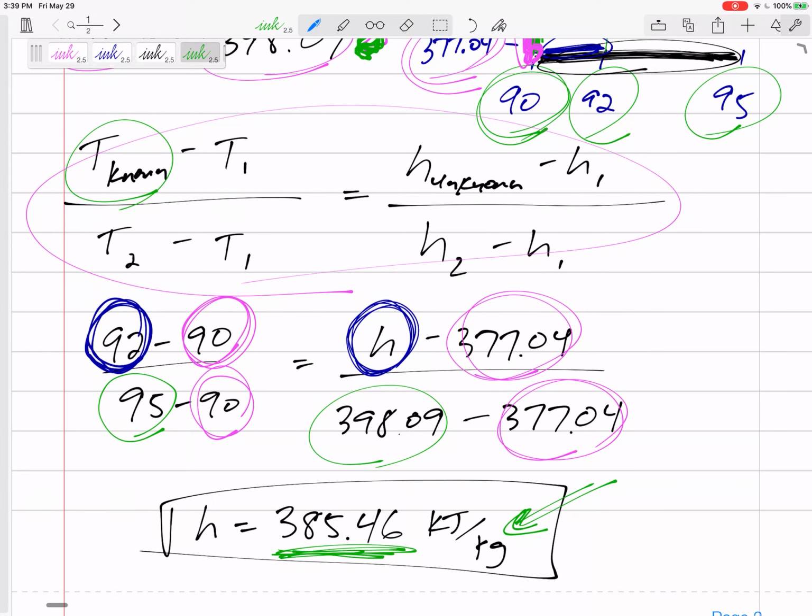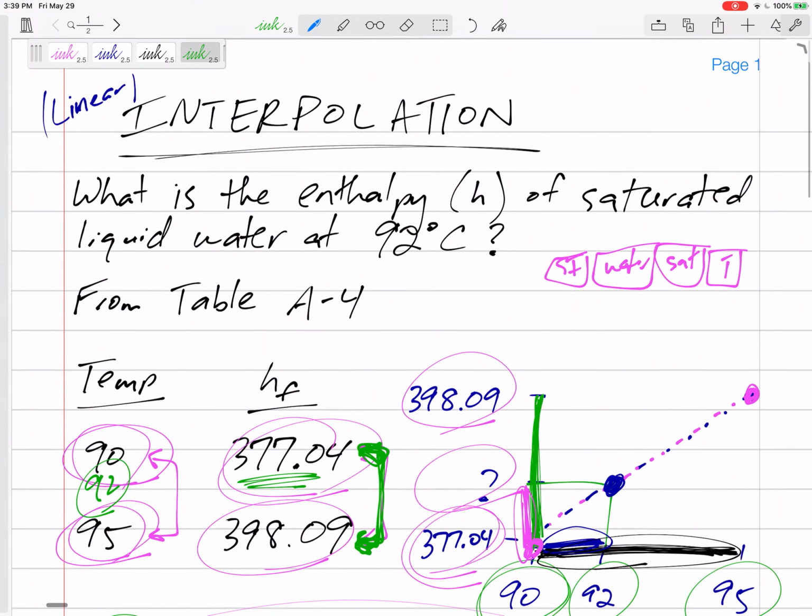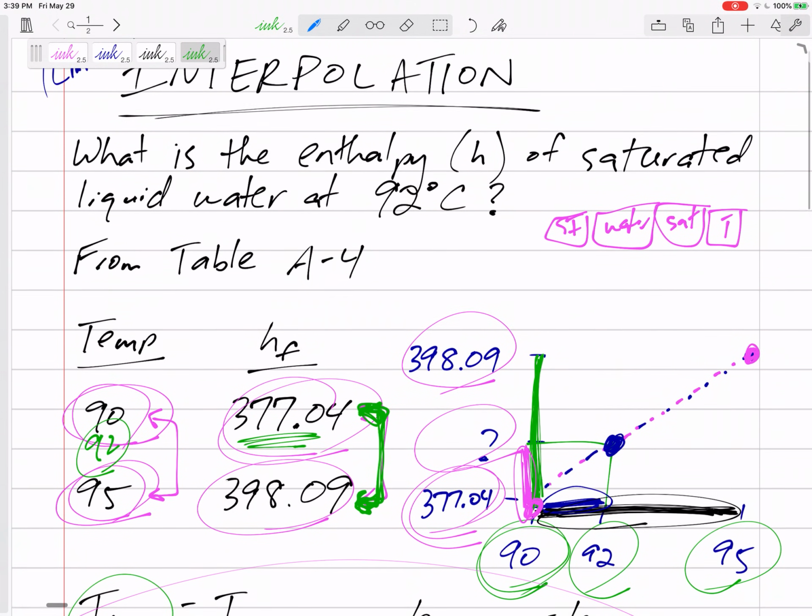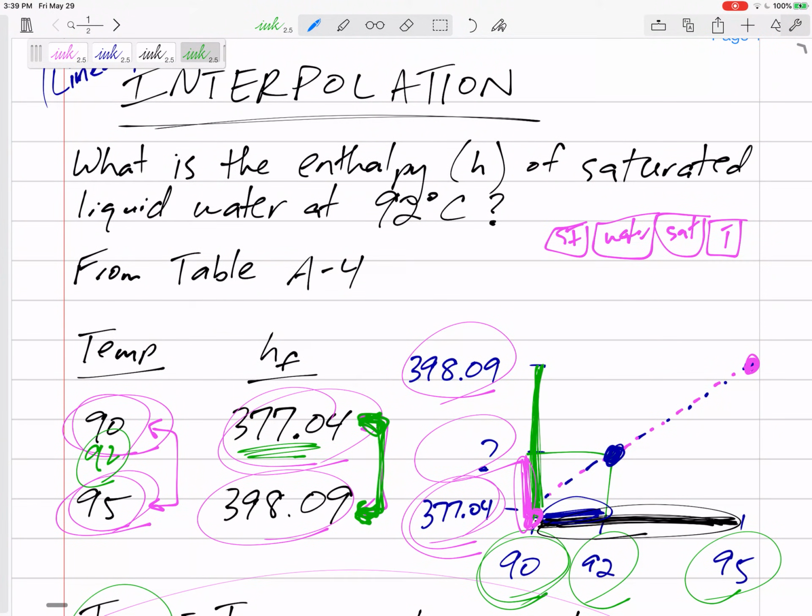All right, so that was not a great explanation of interpolation, and it's really just back to high school. If you know this point right here, and you know this point, just go back to high school and think about it. If you know these two points on a line, and you know the x-coordinate of this point, what is the y-coordinate of that point?